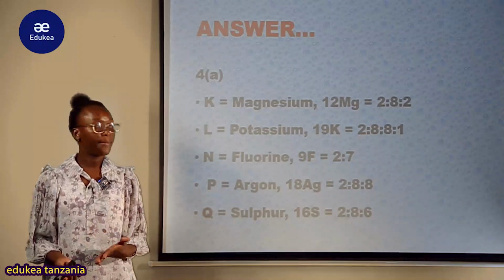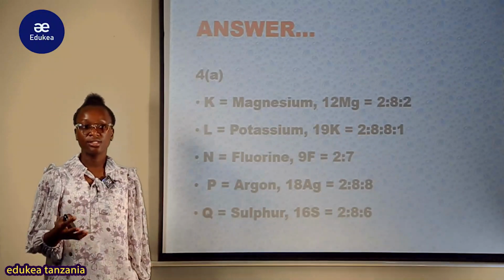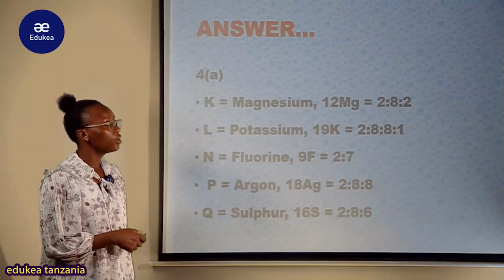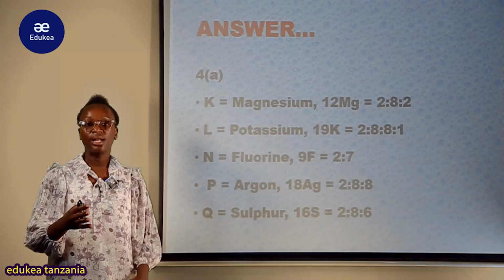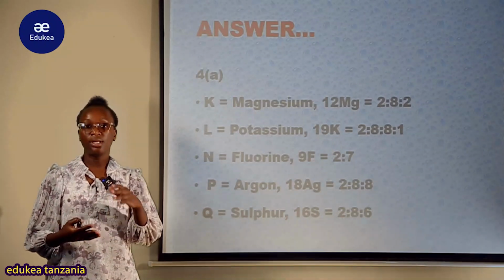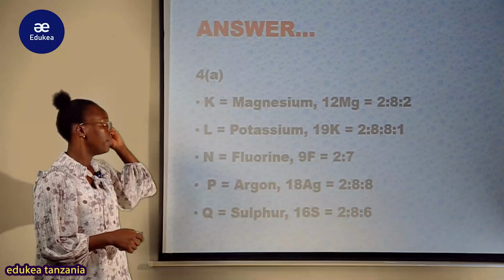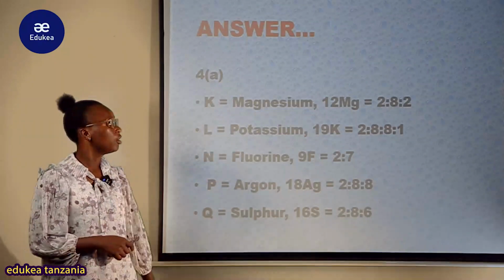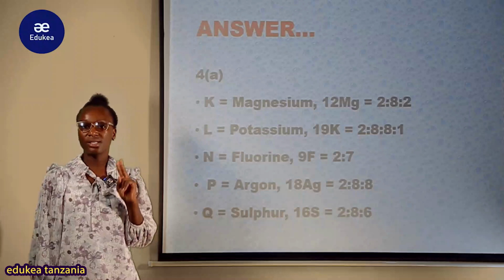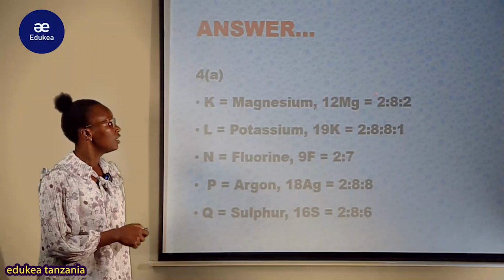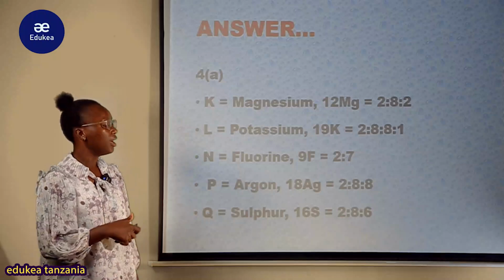Magnesium ina atomic number ya ngapi? Ina atomic number ya 12. Then it will be easy for you now to write the atomic arrangement, electronic configuration. So kama magnesium ni ya 12, simply itakuwa na 3 shell, ambapo shell ya kwanza inakuwa na 2 maximum electron, therefore kutakuwa na 2:8:2, ambayo hiyo itakuwa ni 12 kwa ajili ya magnesium.